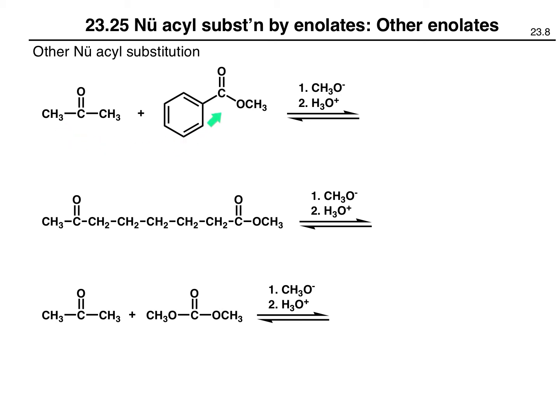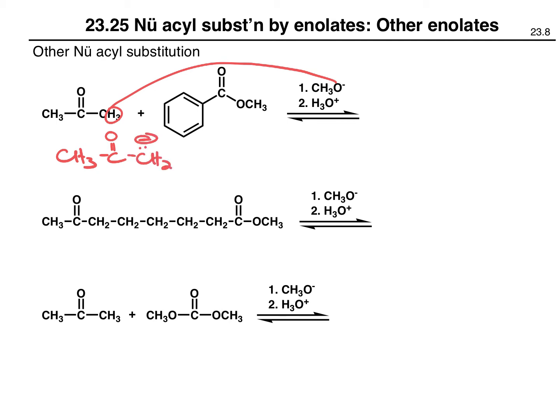Finally, let's look at a few other examples of nucleophilic acyl substitution. So rather than combining a couple of esters, here we have a ketone and an ester. Well, this ester doesn't have any alpha hydrogens, so no enolate can be formed here, but our ketone can form an enolate. So methoxide can grab off a proton from here, and that will lead to the formation of some of this enolate.